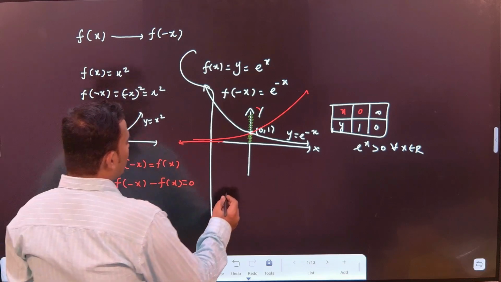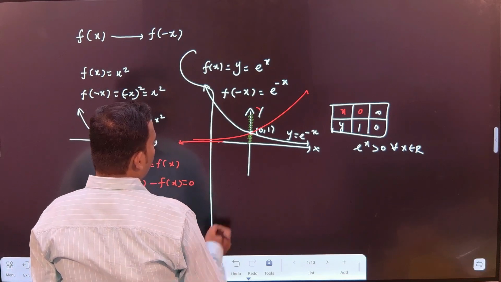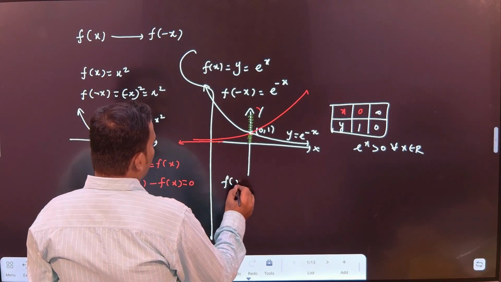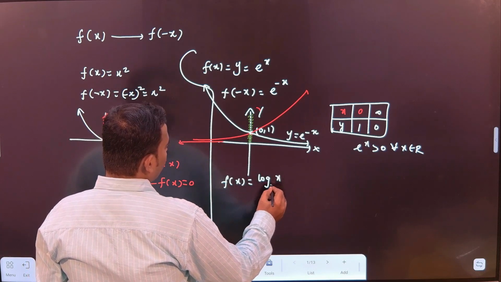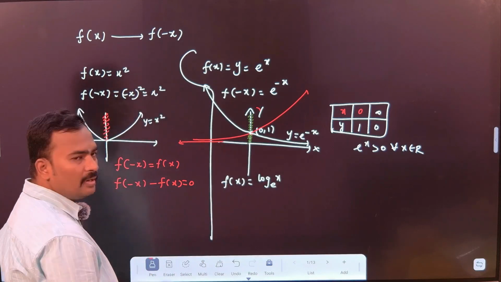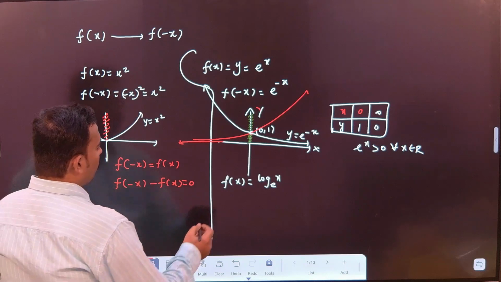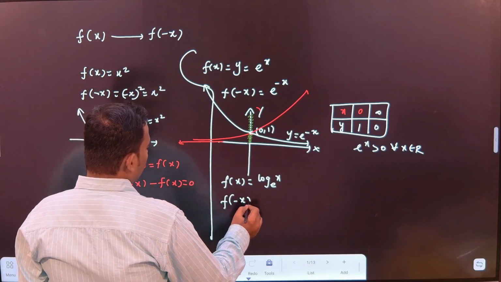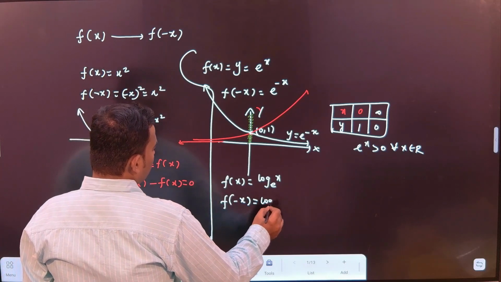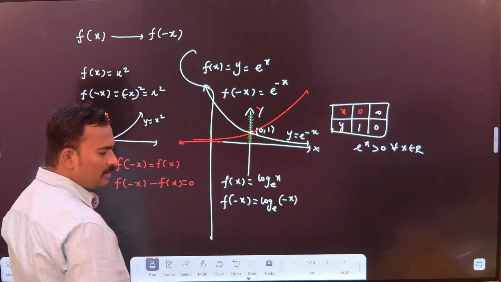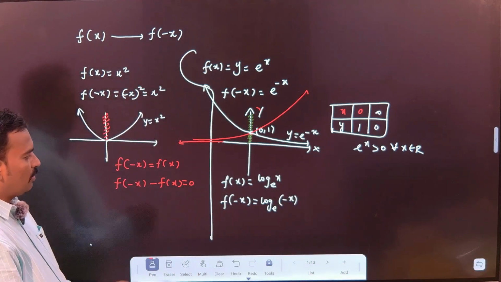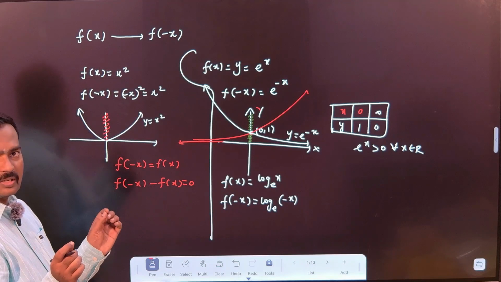Suppose I take the next example, let's take f of x equal to log x base e. Now we need f of minus x, which is log of minus x base e. But you know how to draw the graph of log x.